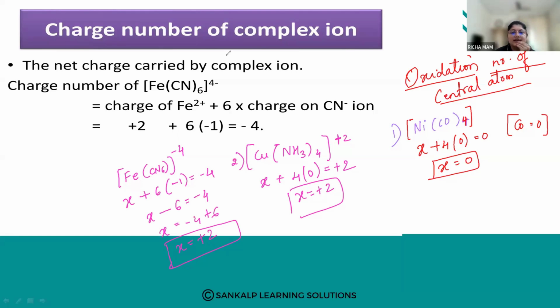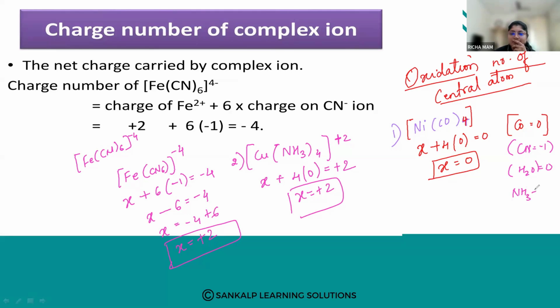Has everybody understood? Now, if it is K4[Fe(CN)6], instead of writing K4 here, I can write it as -4. So X plus 6. Remember that cyano has -1. Water has 0.